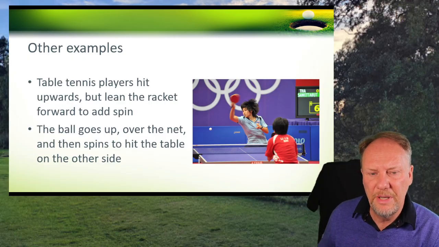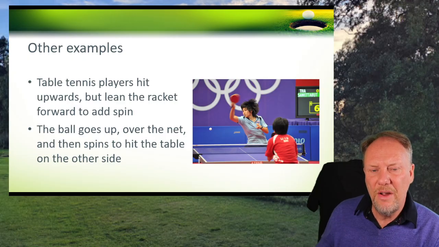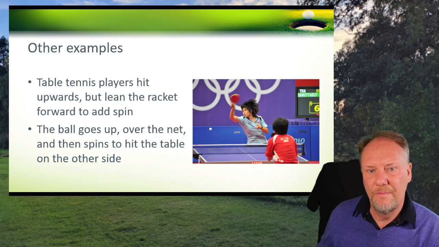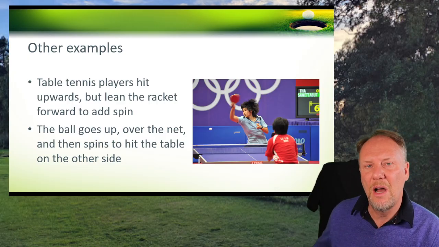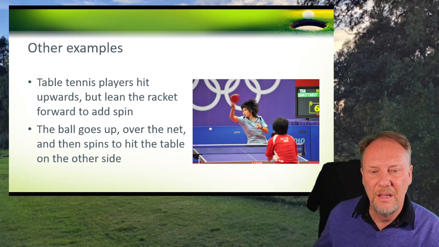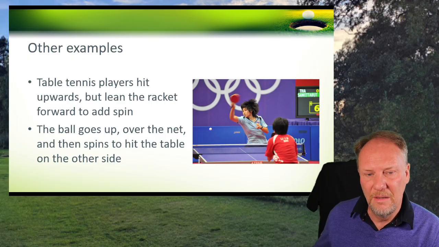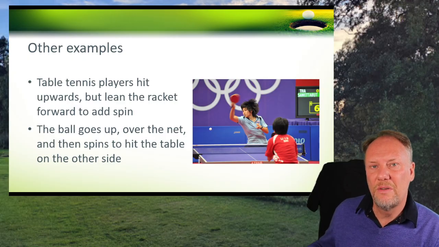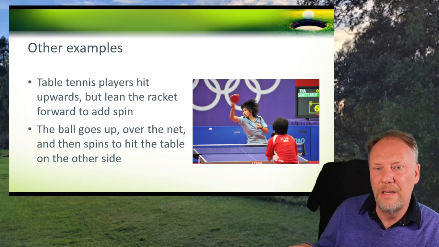As you see in the picture, that player has the racket very high up, probably coming from very low to very high. If the path of the racket determined everything, they would hit the ceiling, but they do not, because the racket is also leaning forward when they hit the ball.